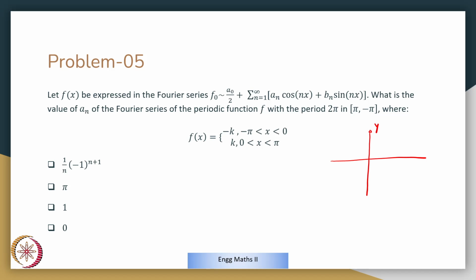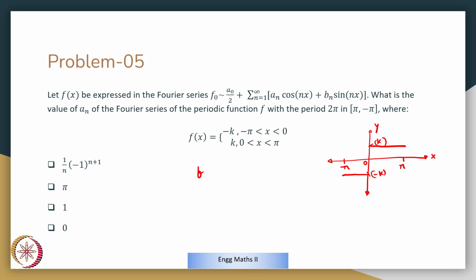This is y, this is x, this is 0, this is origin, this is minus pi, this is plus pi. When x is between 0 to pi, y takes a value k. When x is between 0 to minus pi, y takes a value minus k. So straight away you can see that this is an odd function.